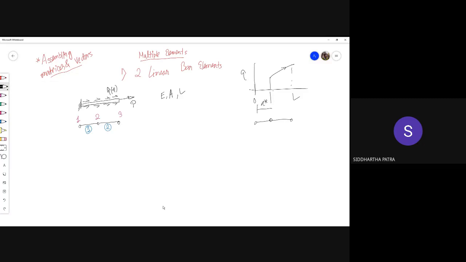But you see the variational statement that I have, this variational statement is there for the entire bar.